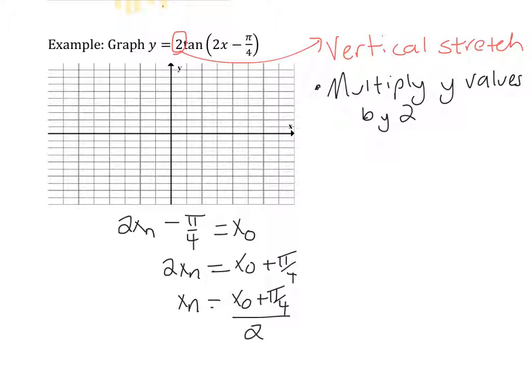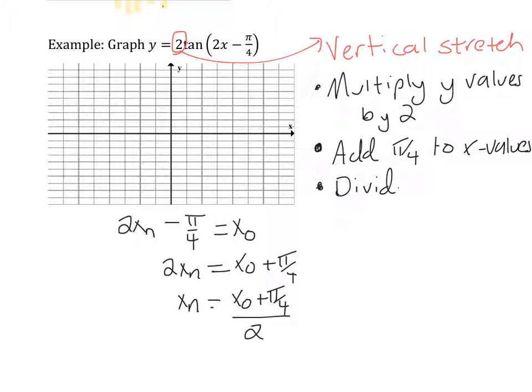So really what I'm doing with my x values is I'm adding pi over 4 to the x values, and then I'm dividing that result by 2.